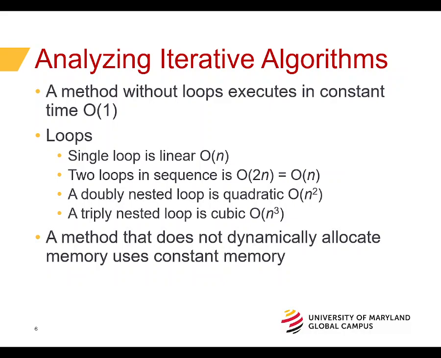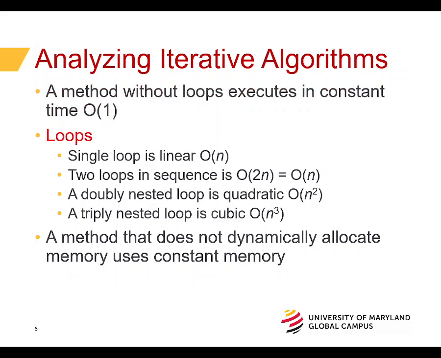Although developing formulas by counting lines of code will provide a function that measures the growth rate of any algorithm, once we have used that technique on a variety of algorithms, we can distill the results into a series of rules for analyzing the efficiency of iterative algorithms. The first rule pertains to algorithms without any loops. All such algorithms execute in constant time, regardless of whether they contain any if statements.